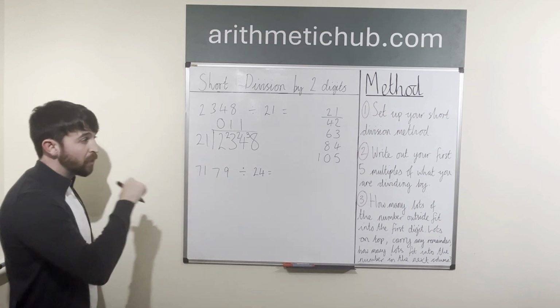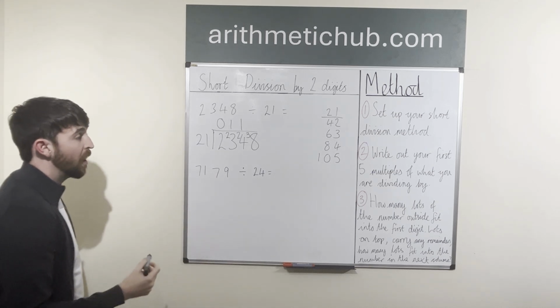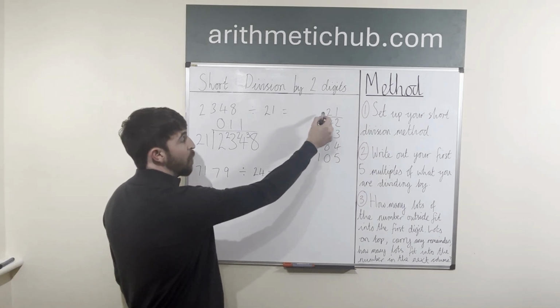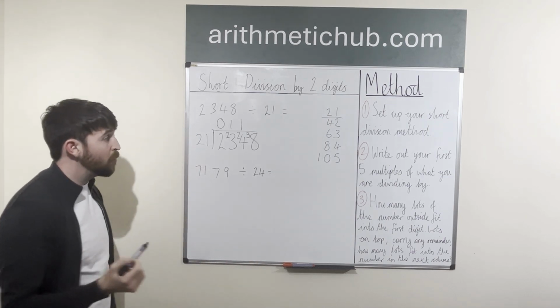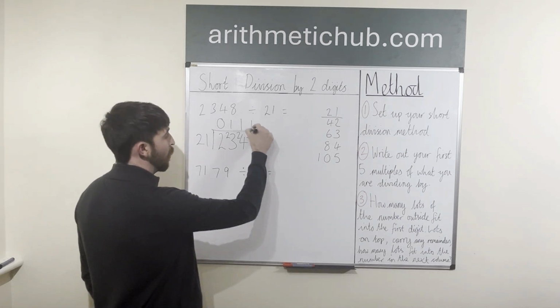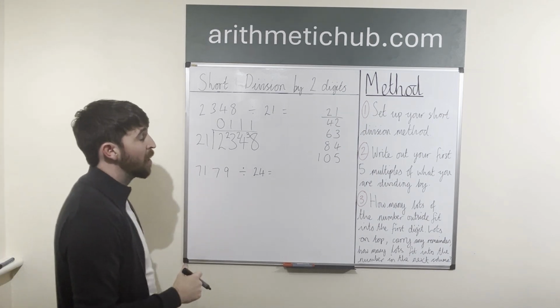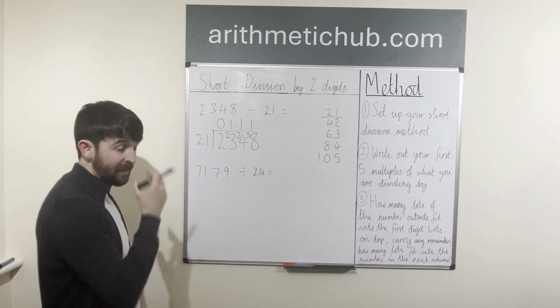Okay? Now it becomes, how many lots of 21 go into 38? 21 is smaller than 38, but we've stopped at 1 lot of 21. Now we have to think, what do I have to add to 21 to get to 38?